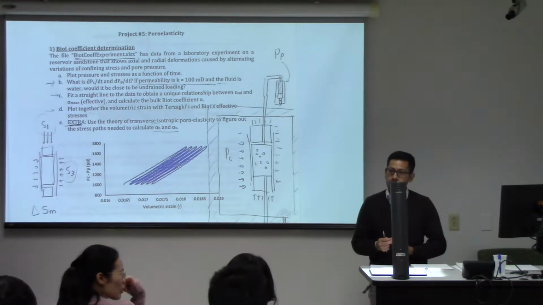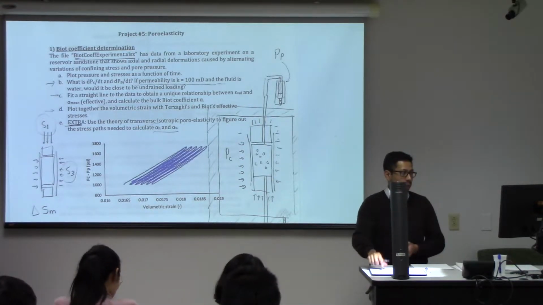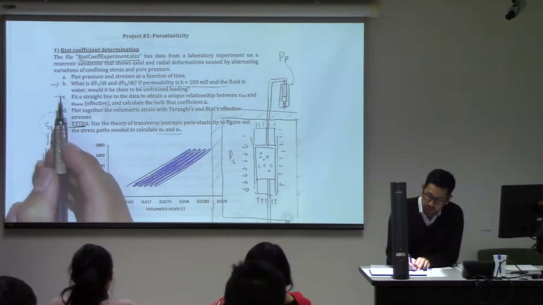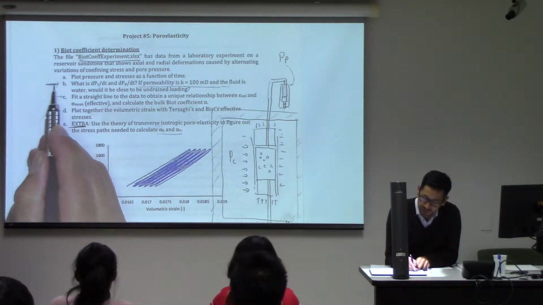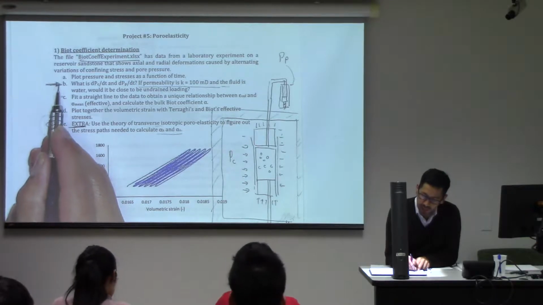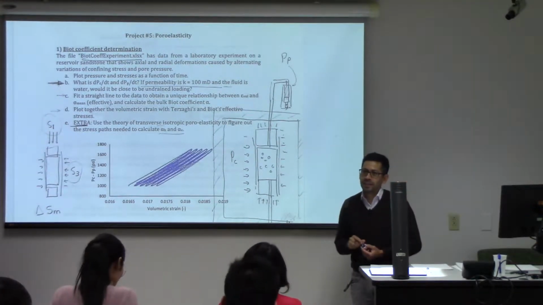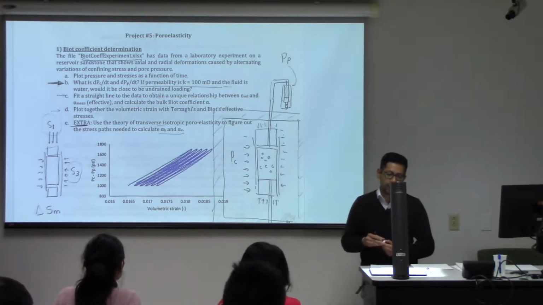All right, guys, so I guess you're done with project number 5. There was one point that I wanted to discuss a little bit further. I sent an email about how to solve this problem, but there was a minor mistake in the equation I sent you.